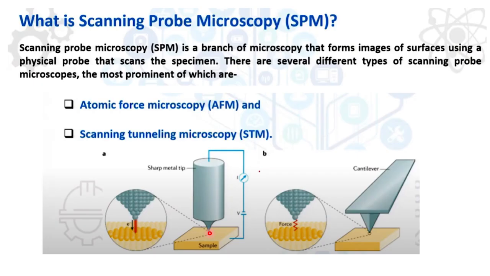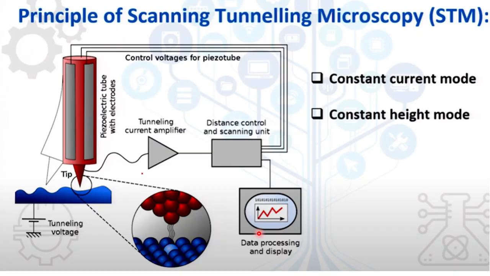After getting that signal, there is some mechanical or electrical response, and through that response we will create the image. So let's first come to the scanning tunneling microscope.